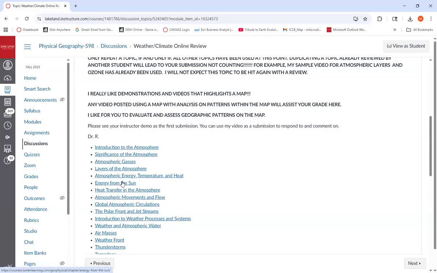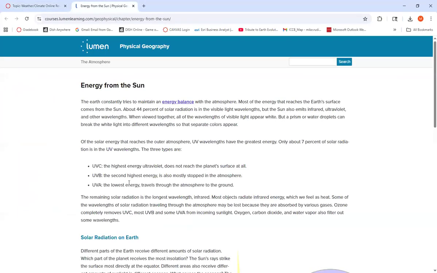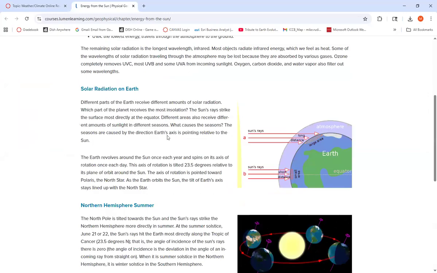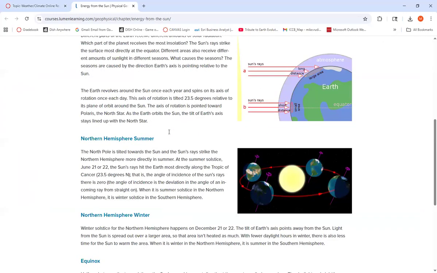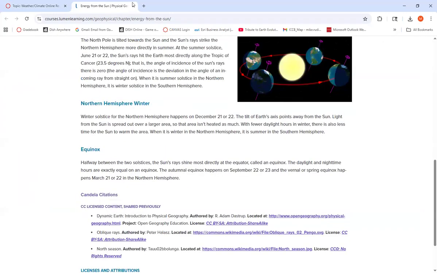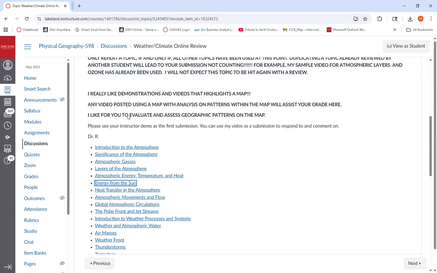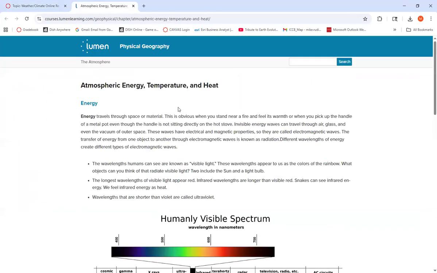Energy from the sun is a topic where we click on there, and this gets us an idea about how the angle of the sun comes in, and we know this from prior lessons. At different times of the year the sun angle changes, all right? And we talked about atmospheric energy and energy flows as well.